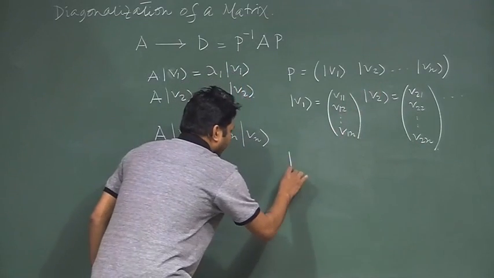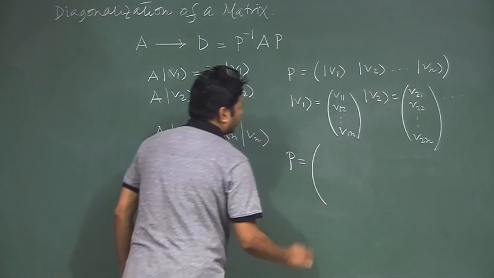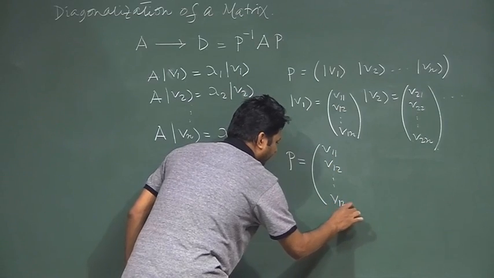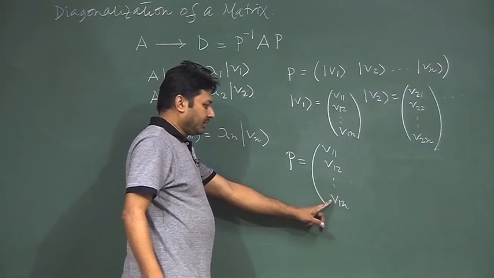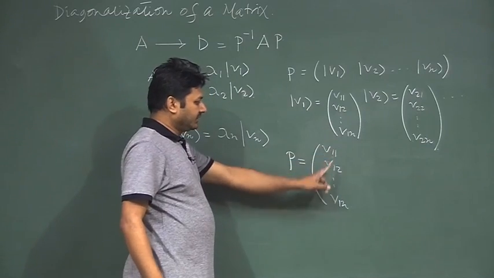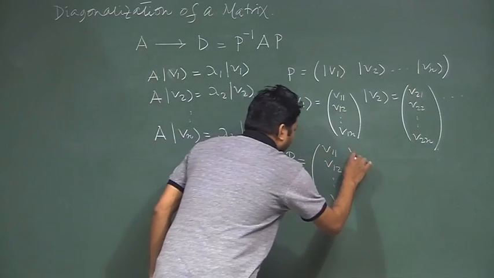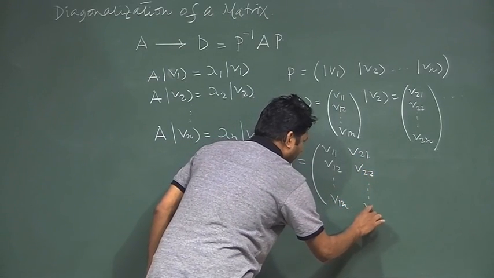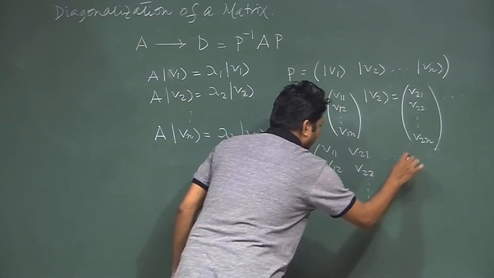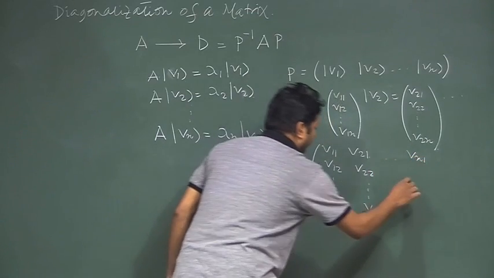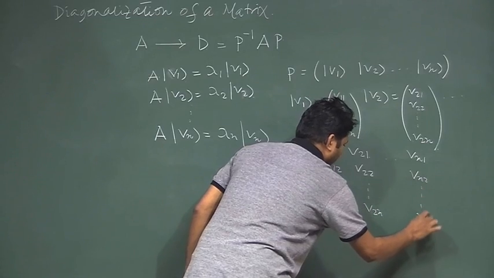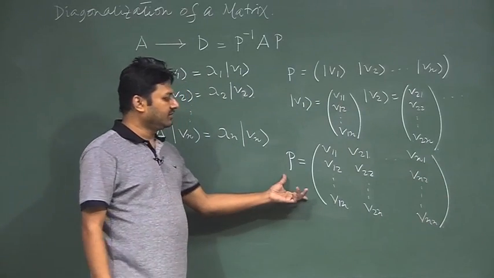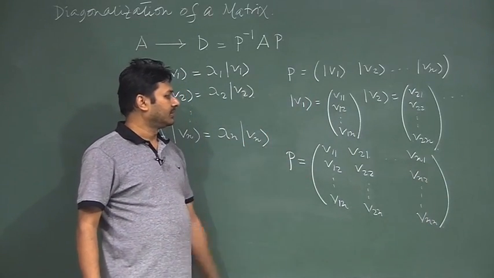So my P matrix will have the form: V11, V12, up to V1n, which are the corresponding elements of the eigenvectors, then V21, V22, up to V2n, and Vn1, Vn2, up to Vnn. So this is my P.